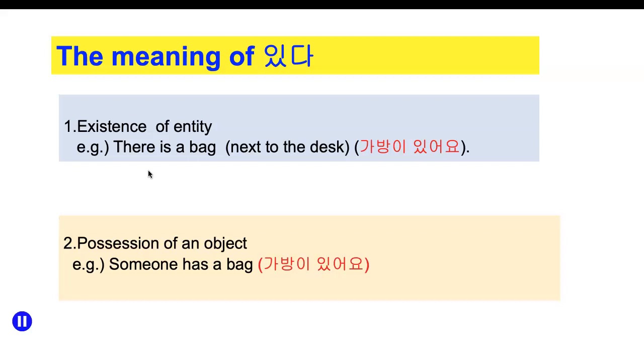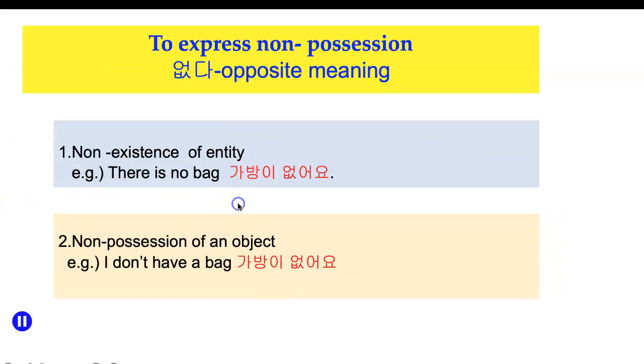Or 책상 옆에 가방이 있어요, more specifically. Or possession of an object, someone has a bag. 가방이 있어요. Or 저는 가방이 있어요. 선생님은 가방이 있어요. Or you can just say 가방이 있어요. It could be used in two different contexts, so by context, you can differentiate these two meanings.